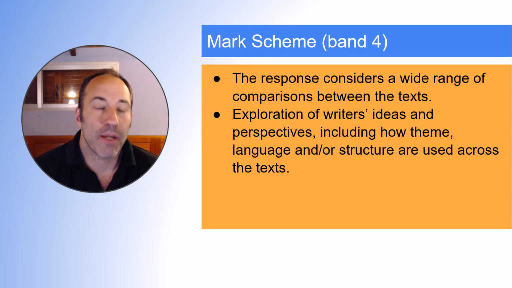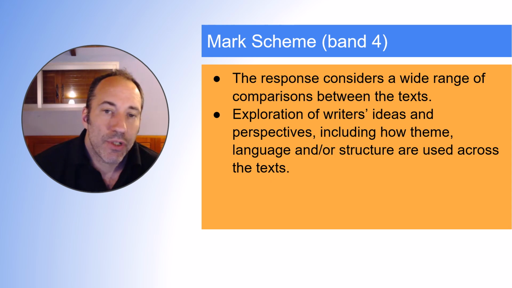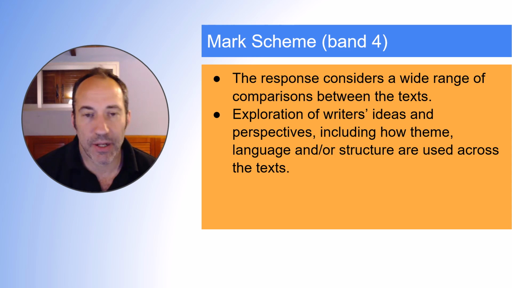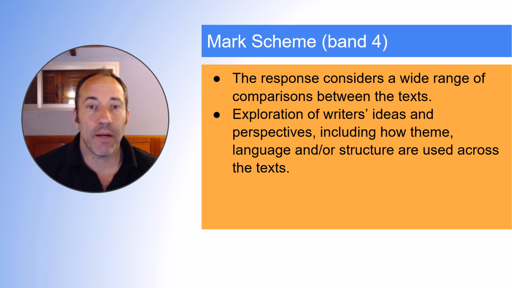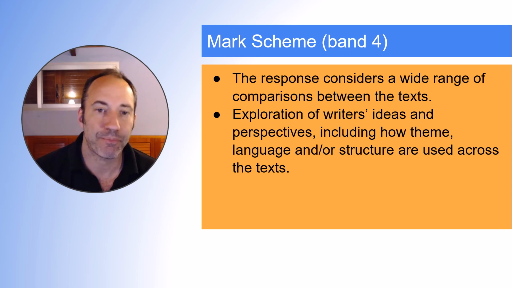Theme comes in here quite often, and of course you talk about language or structure depending on what you've got. If you are aiming for that 8-9, by the way, the variety of your points would be in bringing in points about theme, language and structure rather than just several points about language. You want to mix them all around.